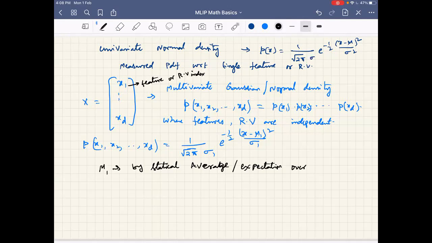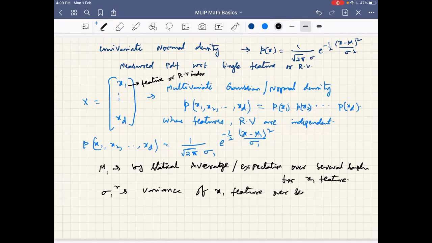Similarly, sigma 1 is the spread, or the variance, of the x1 feature over several samples.